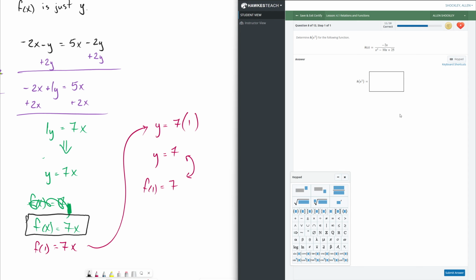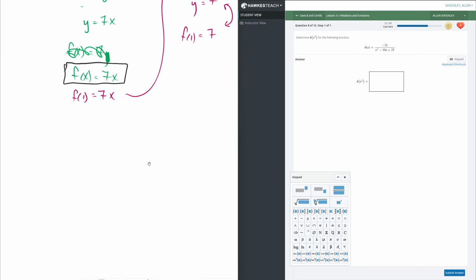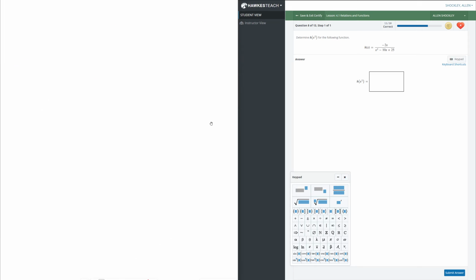Okay. And again, you are determining something. So determining just means you're going to plug some stuff in and see what pops out the other side. So we'll start off by writing it. h of x equals negative 2x over x squared minus 10x plus 25.